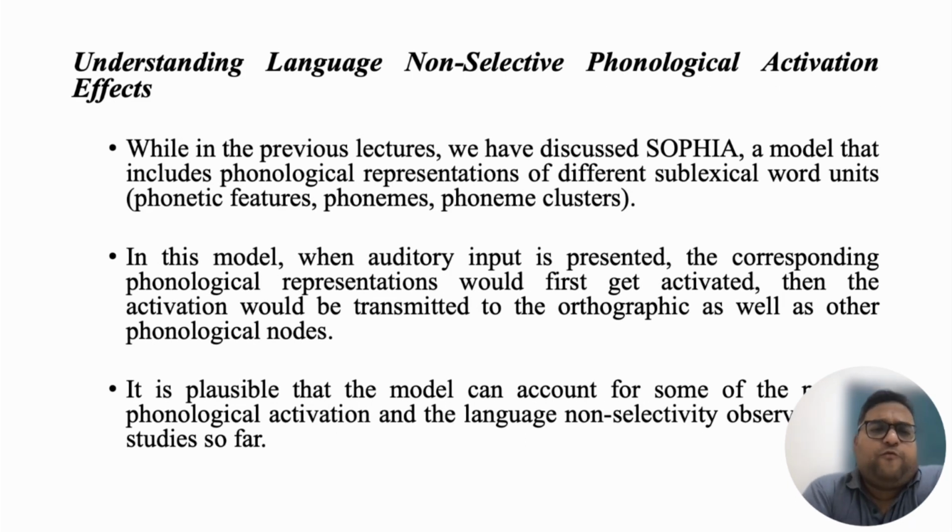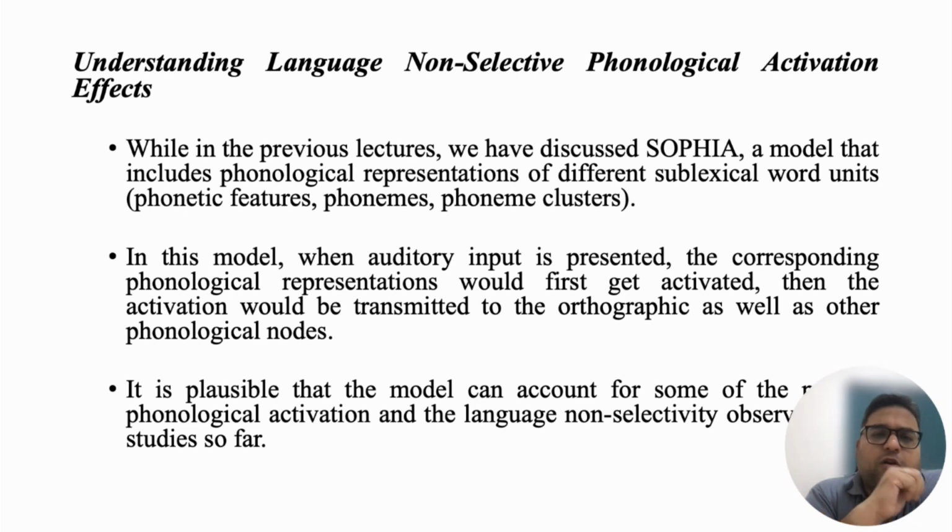Now, in the previous lectures we have discussed the SOFIA model, which includes phonological representations of different sublexical word units, phonetic features, phoneme clusters, so it starts with K and CAM, and so on. Going forward, we can also try to see if there are other models that explain these non-selective phonological activation effects.